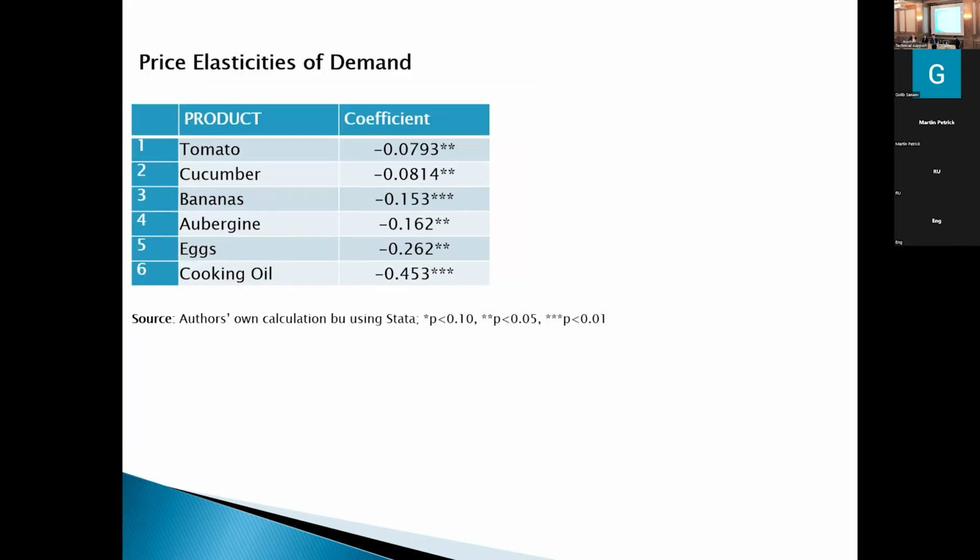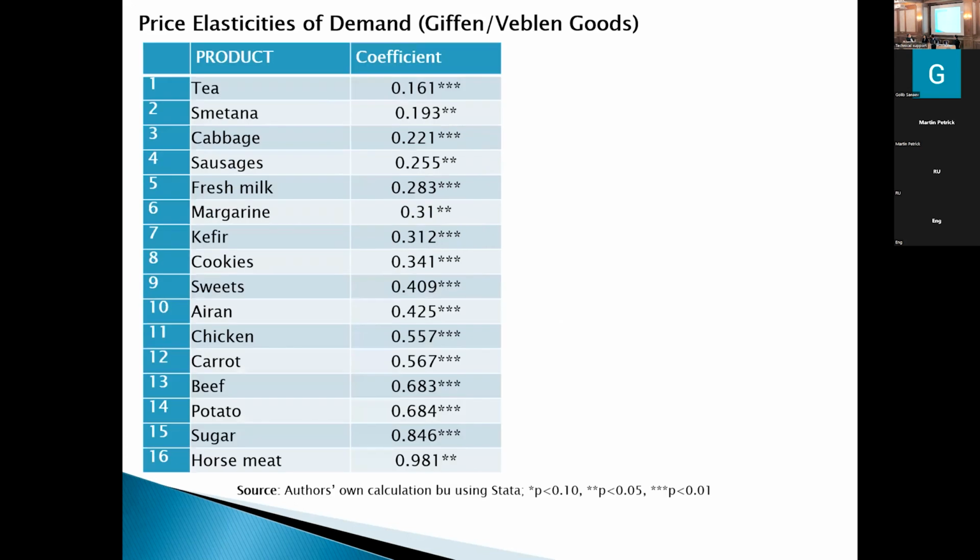Oh, okay, thank you. And here you can see that for only 6 products is the price elasticity of demand consistent with the law of demand. For other products, we can see that the majority of them are Giffen or Veblen goods.